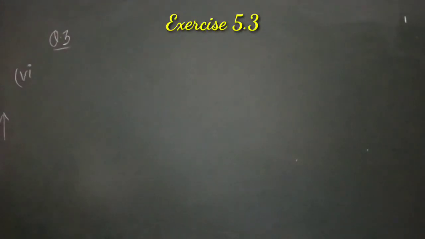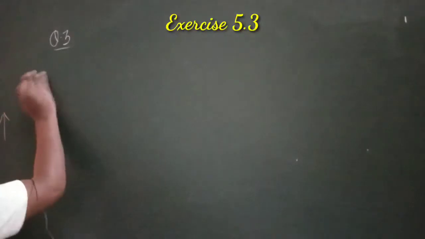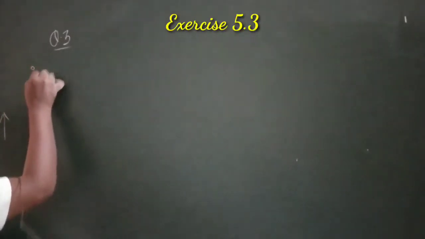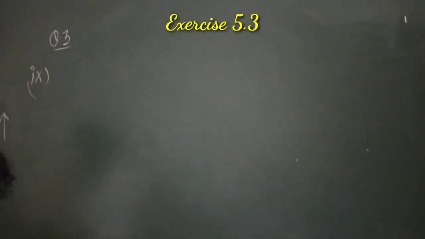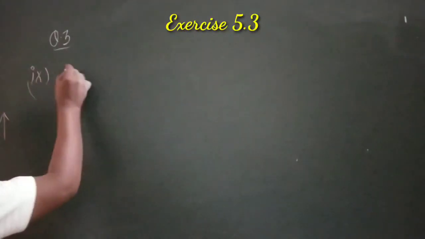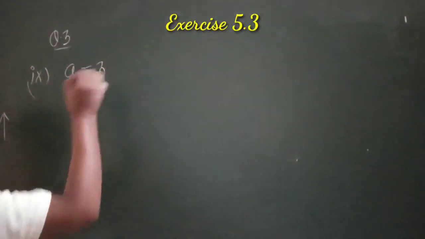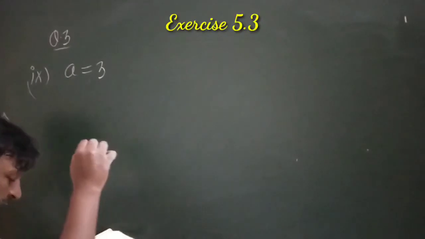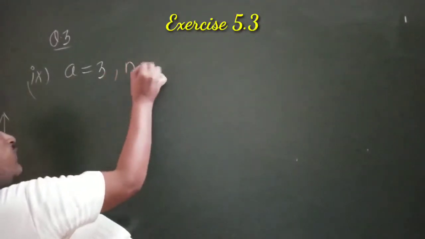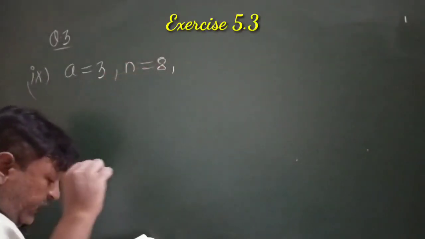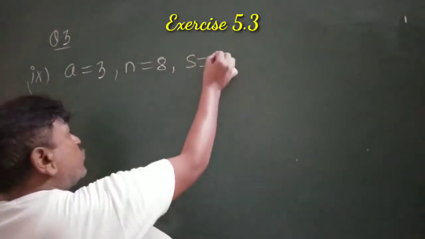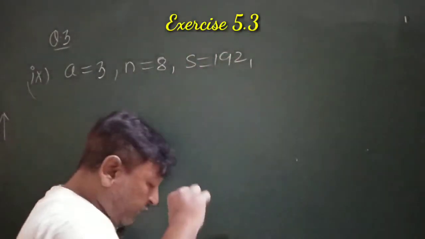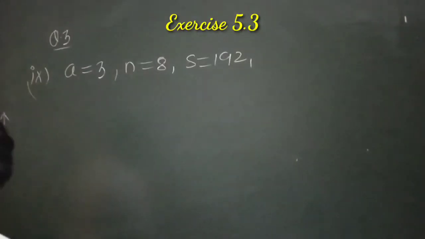Now see on the board part 9. In part 9, if you see what we are having, we are having a as 3. We are having n equal to 8, and we are having S equal to 192, and we have to find out d.